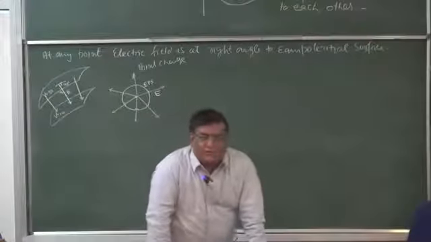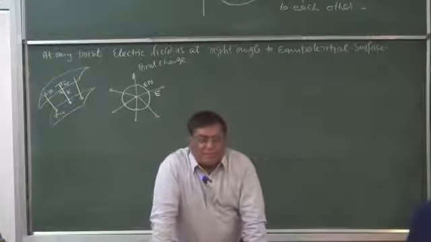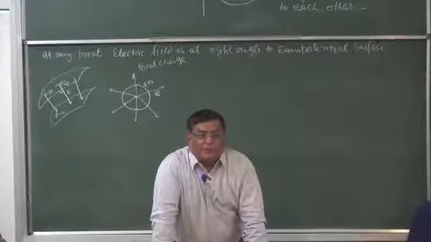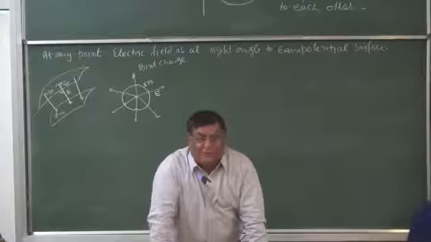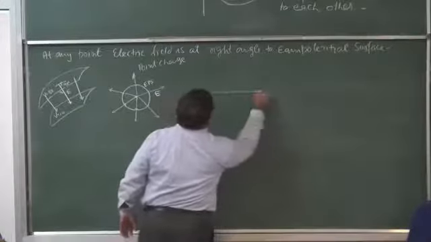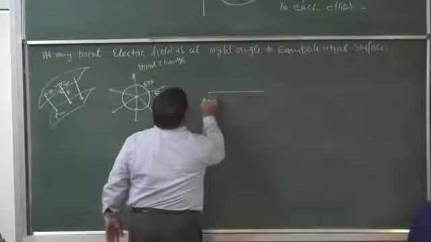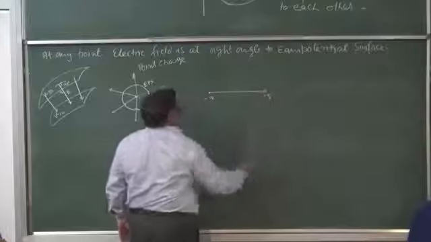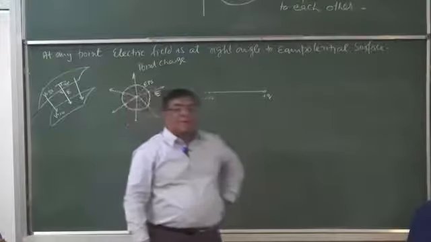Now we go for different shapes. If we ask you, there is a dipole and you find out equipotential surfaces in a dipole. How to draw equipotential surfaces in a dipole?